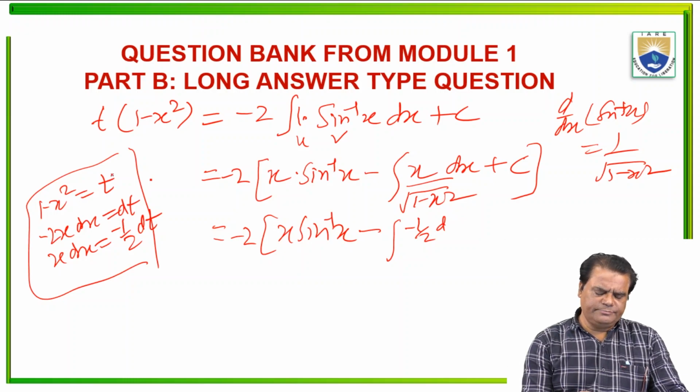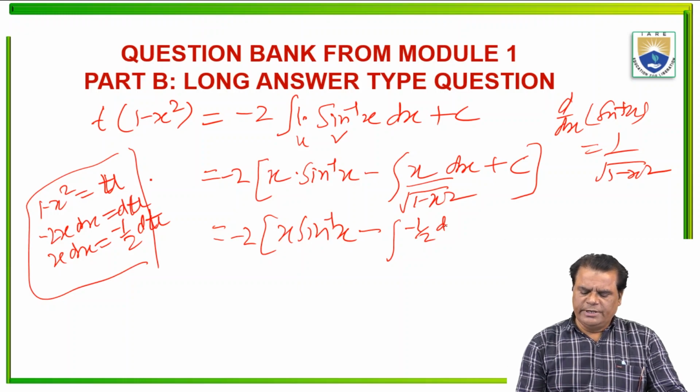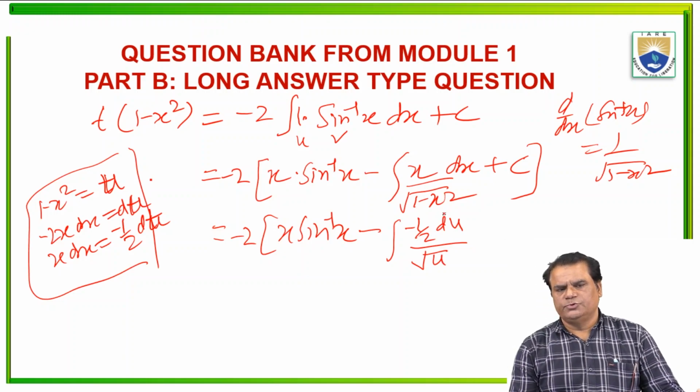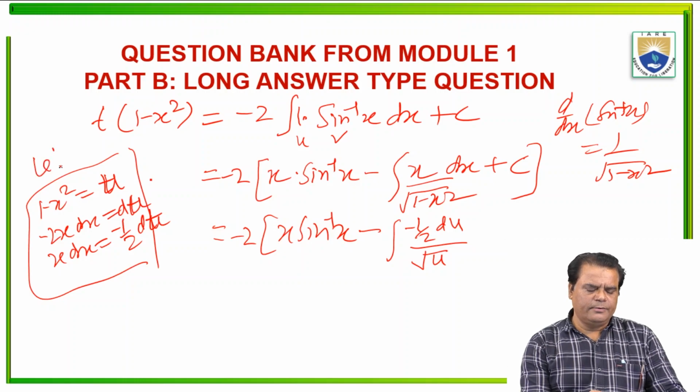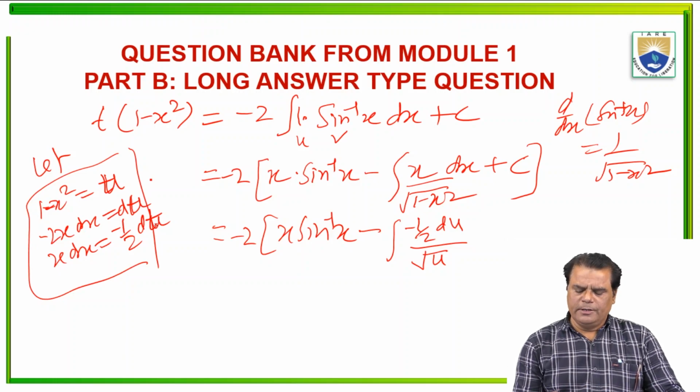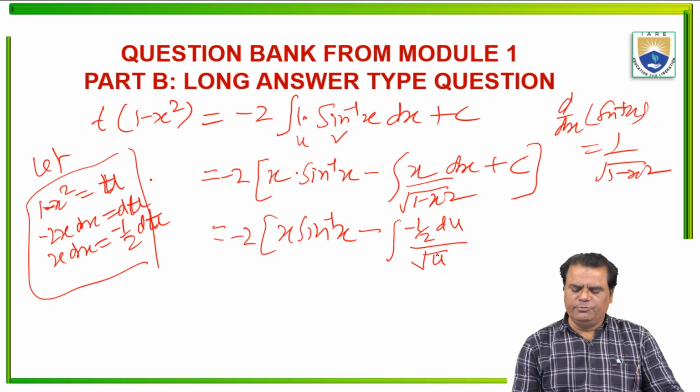Here let u, so here is du upon root u. Here 1 minus x square is considered as u, minus 2x dx equals du, x dx equals minus half du. So minus half du upon root u.